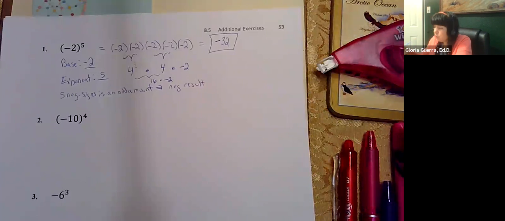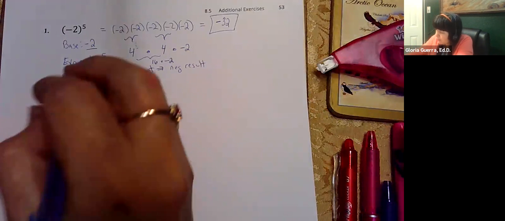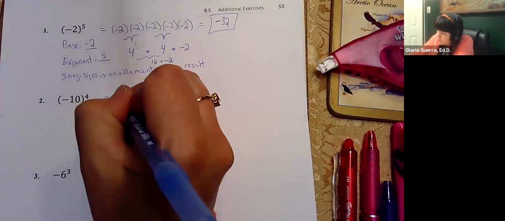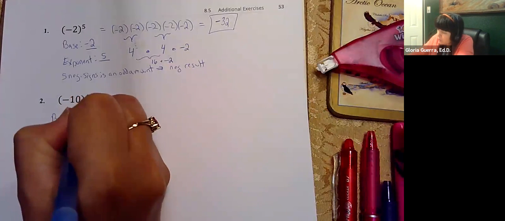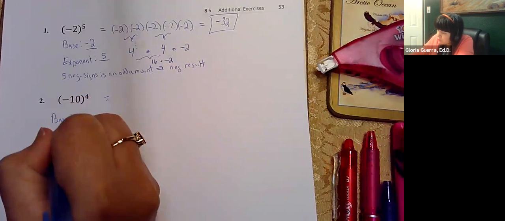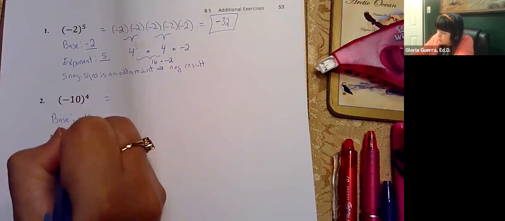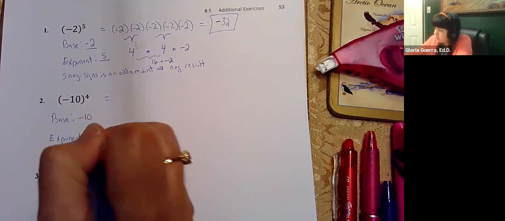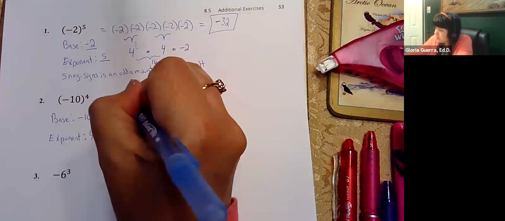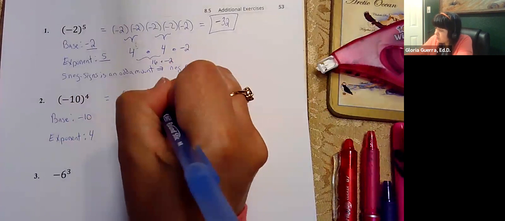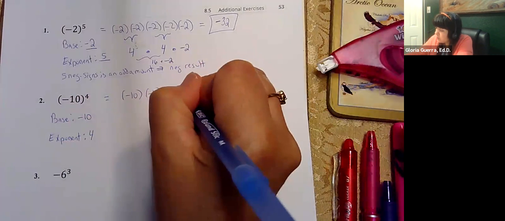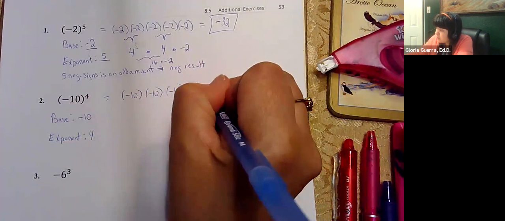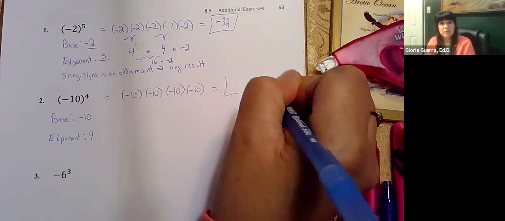Okay, now on number 2, you've got a base of -10 and an exponent of 4. This means -10 times -10 times -10 times -10.